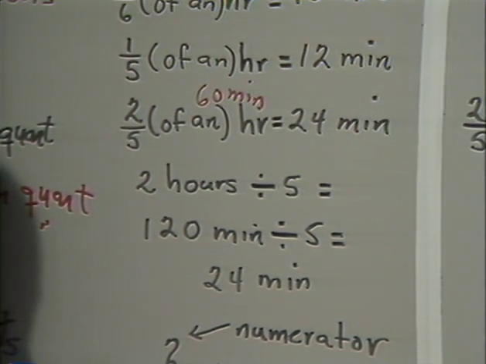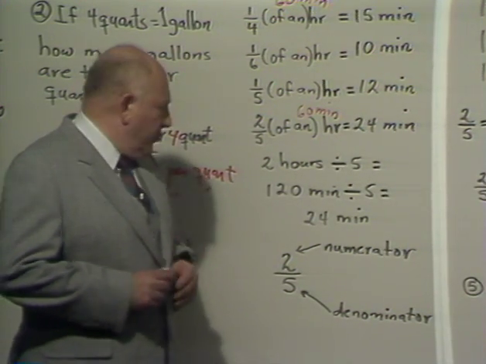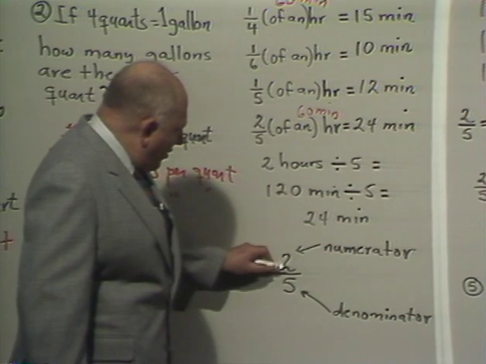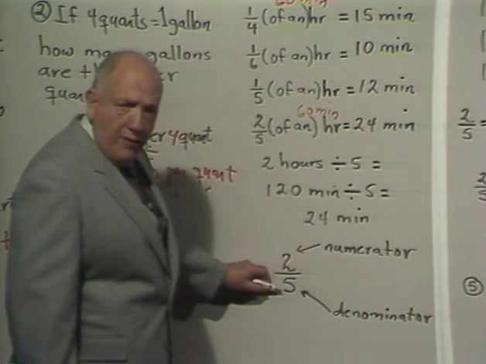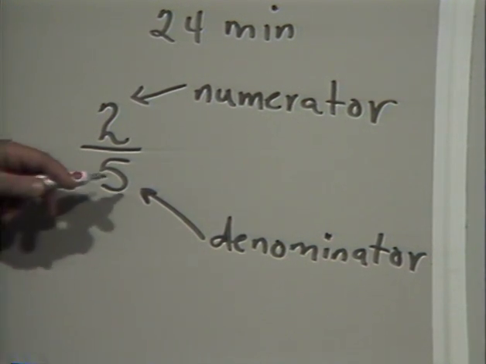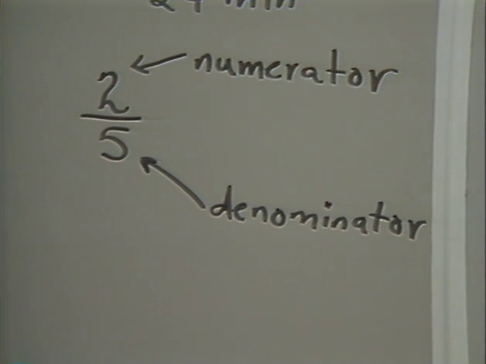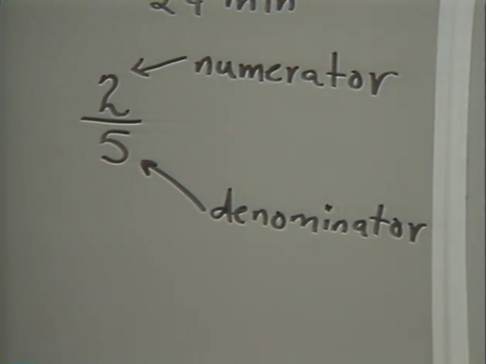And if I use the right language now, you're going to see how this becomes easy to read. In the expression 2/5, which is 2 over 5, 2 is called the numerator. The top number is called the numerator. The bottom number is called the denominator. But numerator does not mean top, and denominator does not mean bottom.